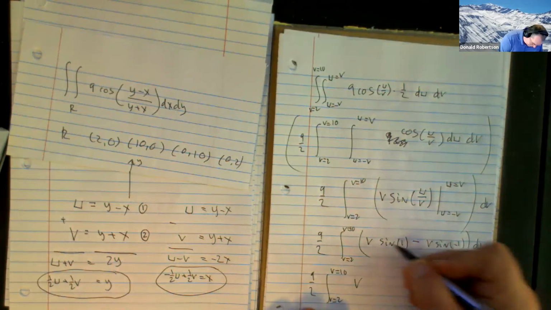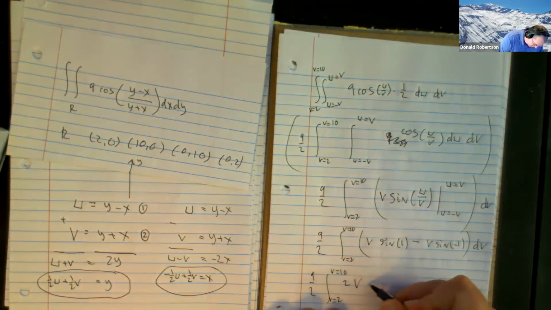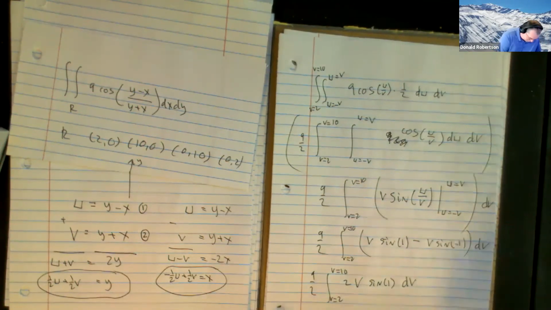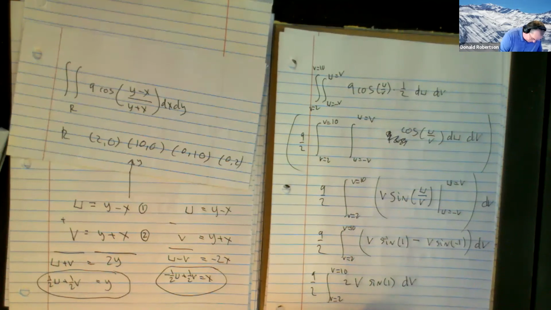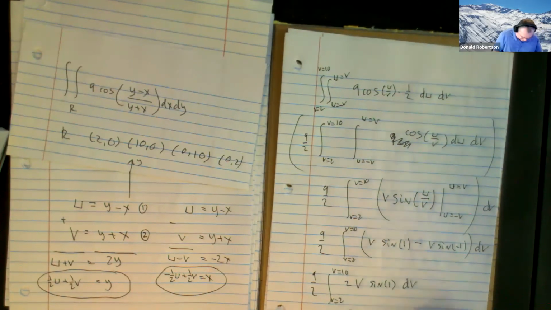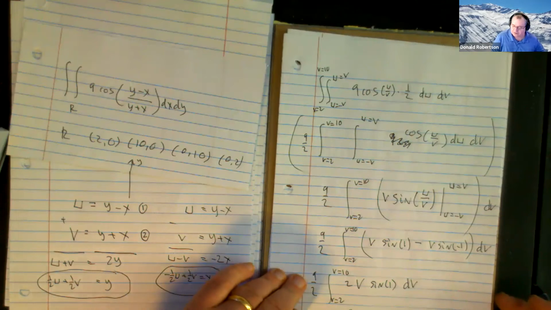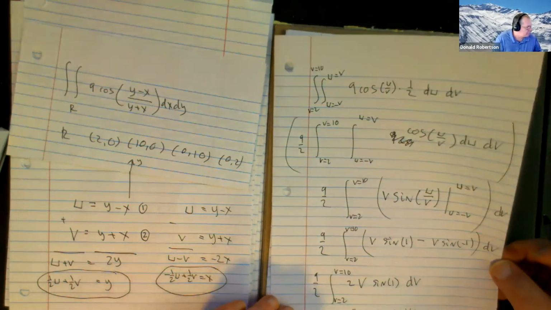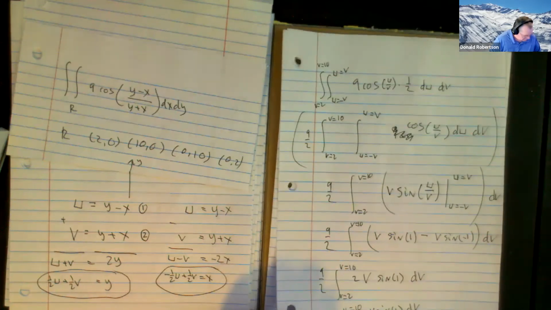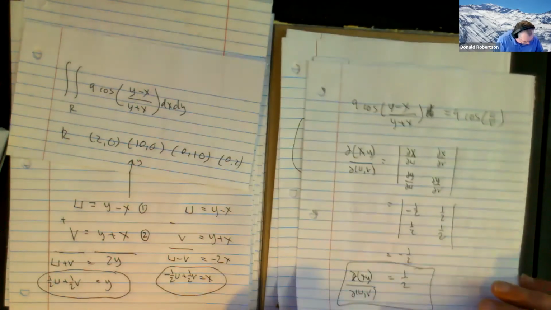So basically, these two guys can be added together. And that looks even nicer. Oh, and the 2's cancel. This just keeps on giving. And isn't sine of 1 actually just a constant? So, cool. That one actually came out a lot nicer than I thought it was going to.